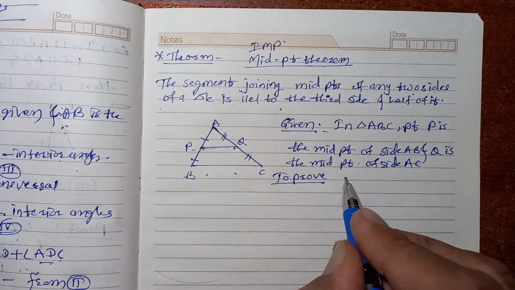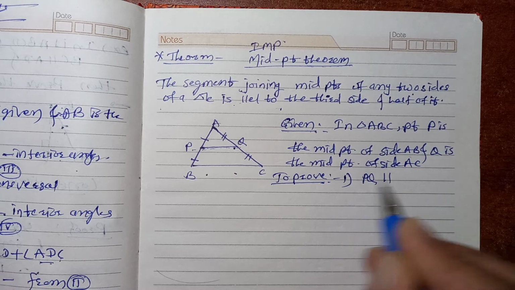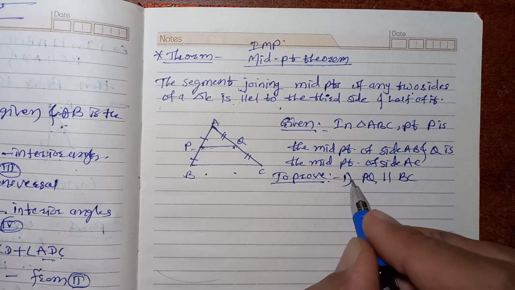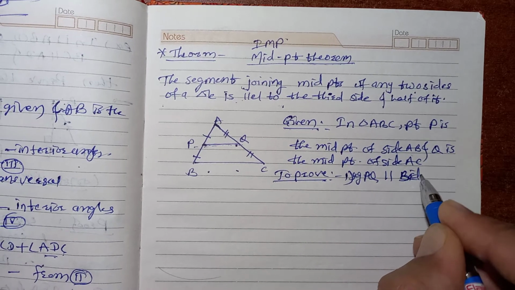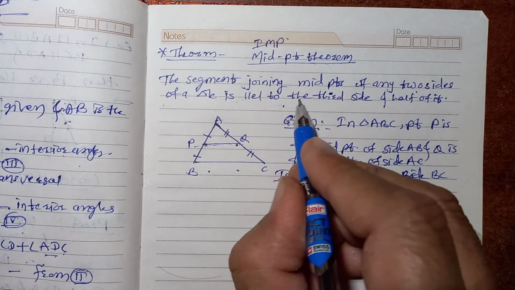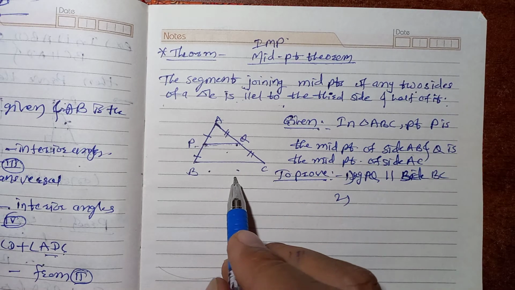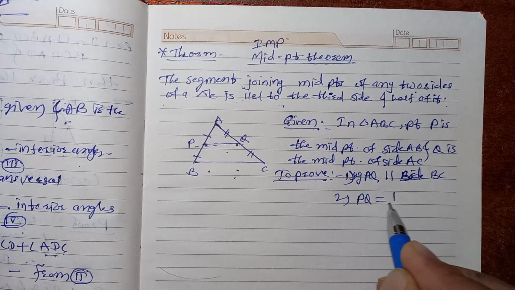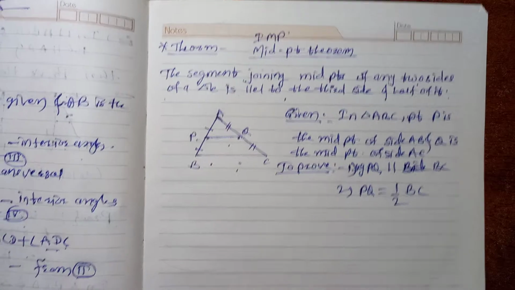Which third side? This one. First part here you have to prove PQ is parallel to BC. Okay. Here you can say segment PQ is parallel to side BC. Second one, what? Parallel to third side and half of it. This is parallel to third side, and also this PQ is half of third side, means half of BC. These two parts you have to prove.